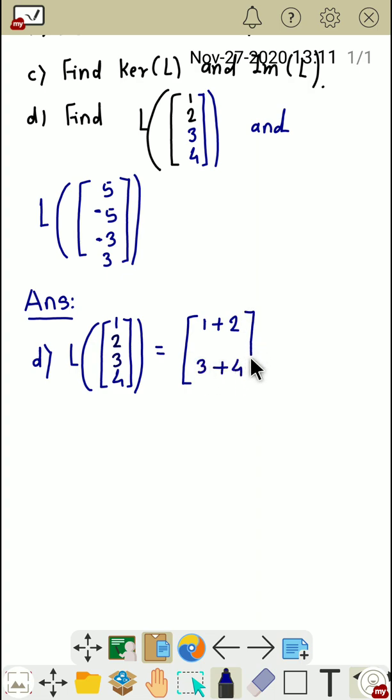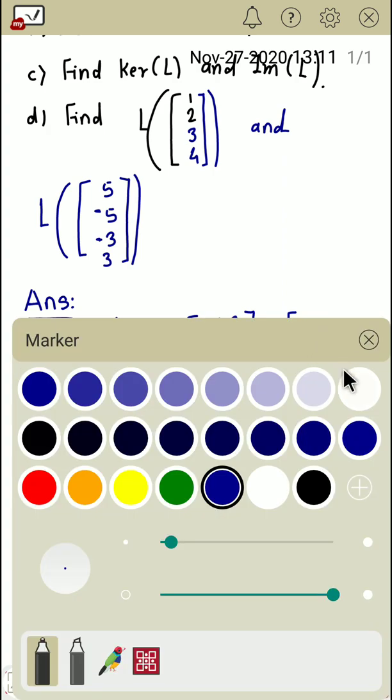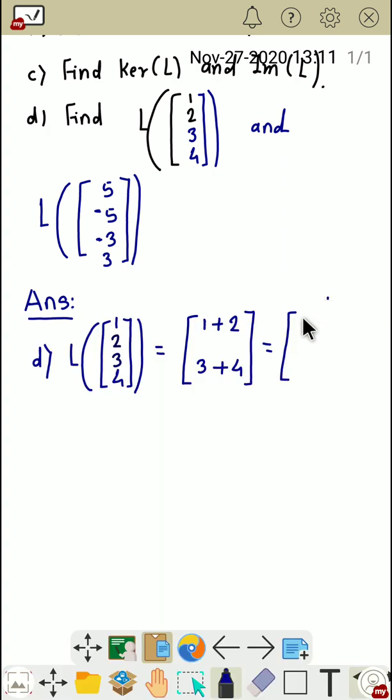So this is a column vector, and the first element is 3 and the second element is 7. So this is the result for the first.